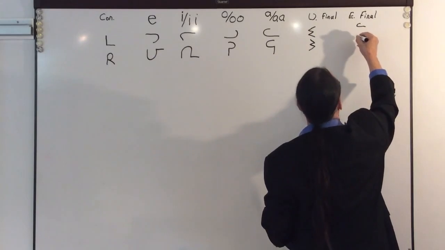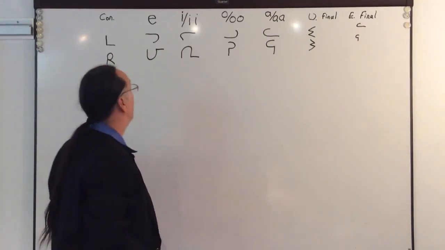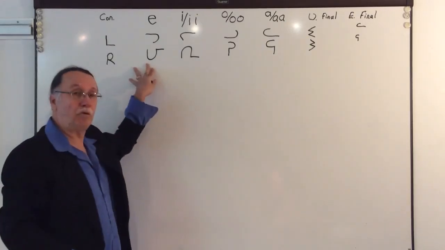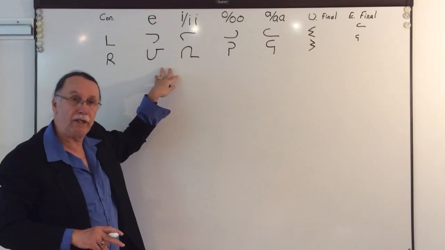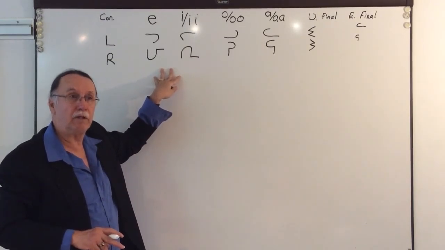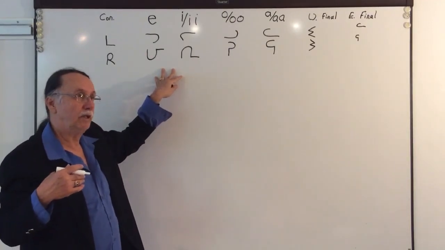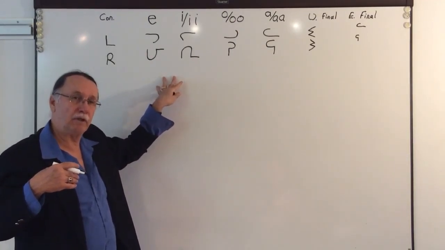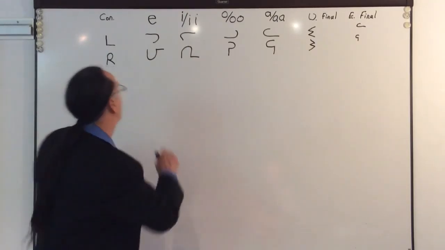And the Eastern final looks like this. Now, with those two added on to all the other ones that I showed you, that would cover most of the Cree language and a lot of other northern languages, like Inuktitut. But the northern languages also use these other symbols, and I'm going to show you right now.